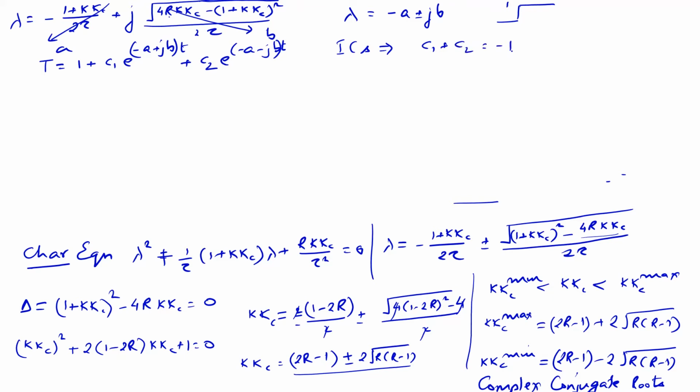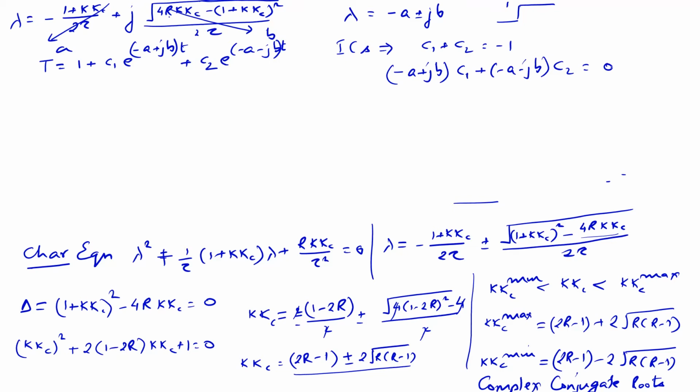And the second initial condition, the time derivative of temperature disappearing at time t equal to 0, will give us (minus a plus jb) times C1 plus (minus a minus jb) times C2 must be equal to 0.